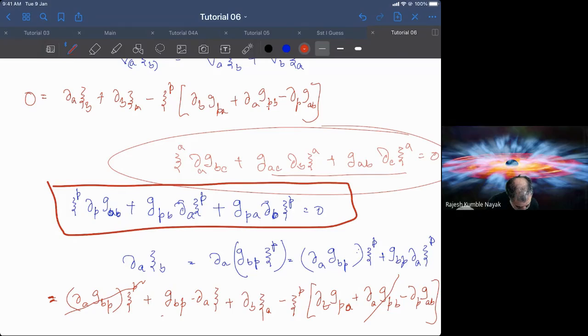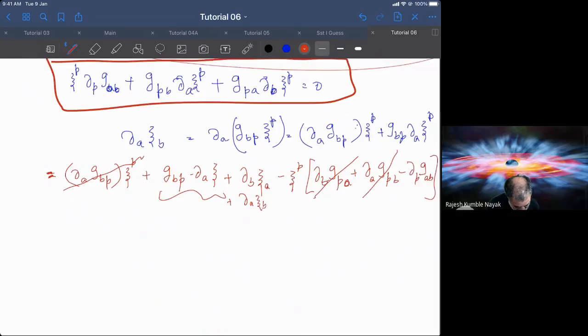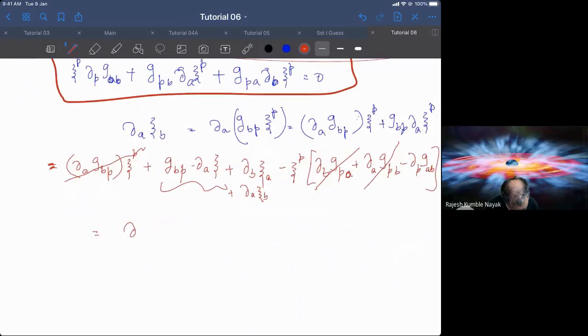Same way, this is going to produce a term which is going to cancel out with this, producing a term G_A xi_B. Okay, it is a straightforward calculation. You replace A and B here, and then that is what would happen. So eventually you end up with the term Z_A xi_B plus Z_B xi_A minus plus Z_P G_AB is equal to 0. So that is the expression which we want.